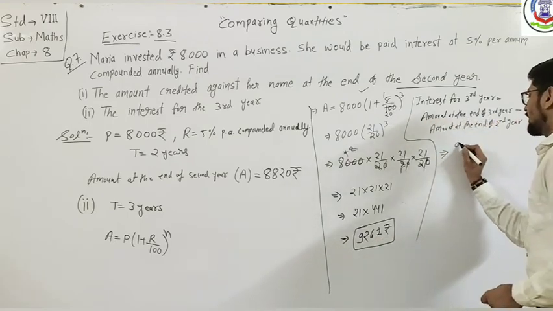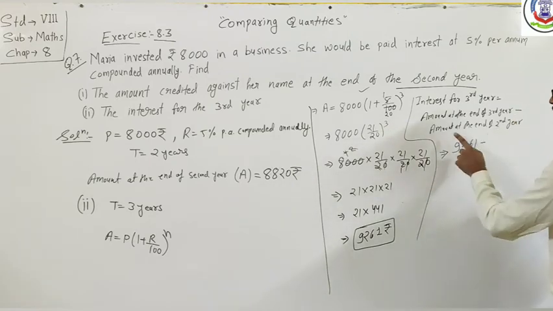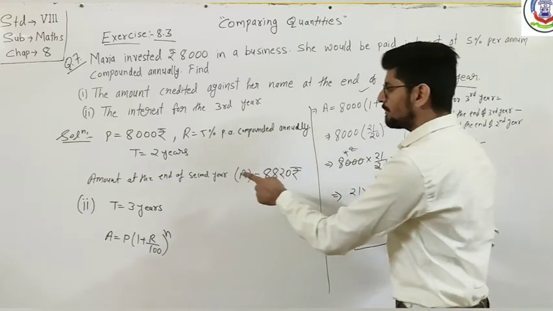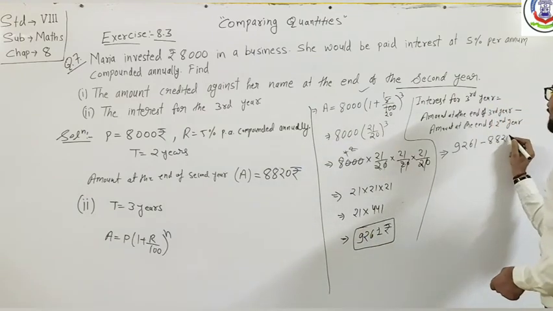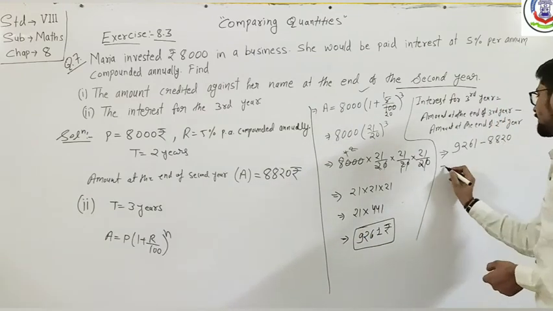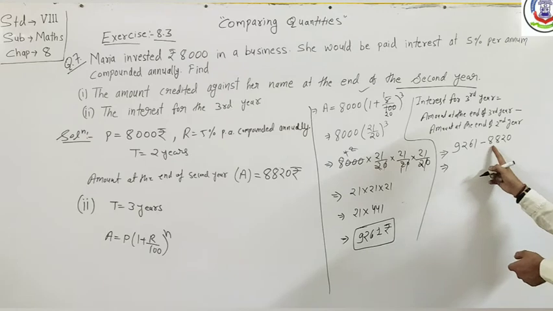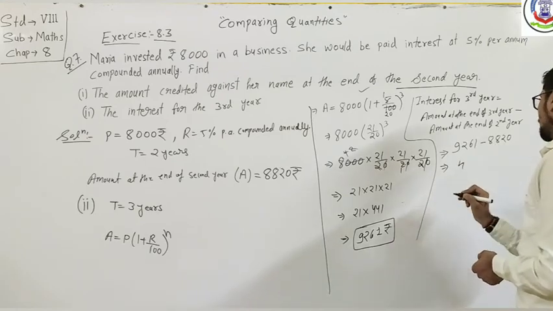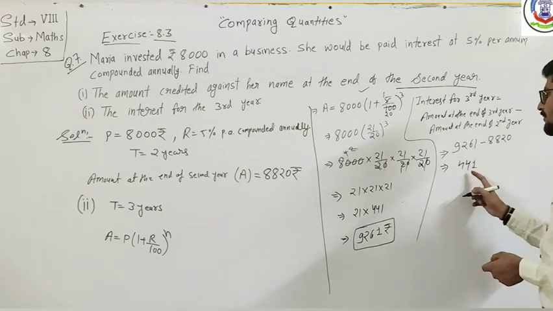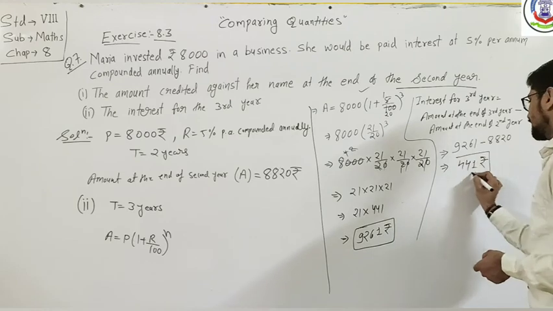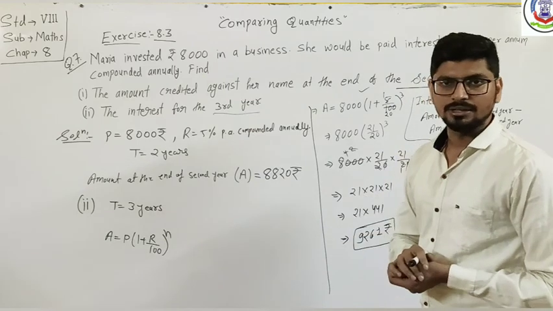It is 9261 minus the amount at the end of second year. What is the amount at the end of second year? That is 8820 rupees. Okay, so if you subtract 9261 minus 8820, you will get 441 rupees. Okay, so this is your interest for the third year. Is it clear?